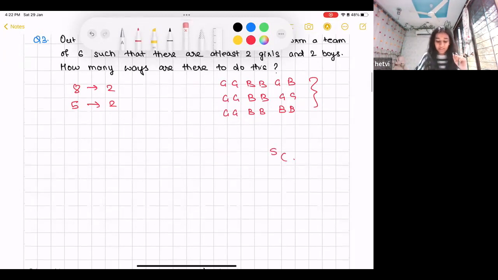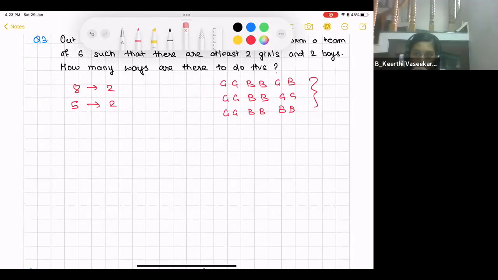I'll explain what I mean. Okay, Kirti, again, your answer is correct. Try simplifying the 3 terms down to 1 term. Same for Sanika.